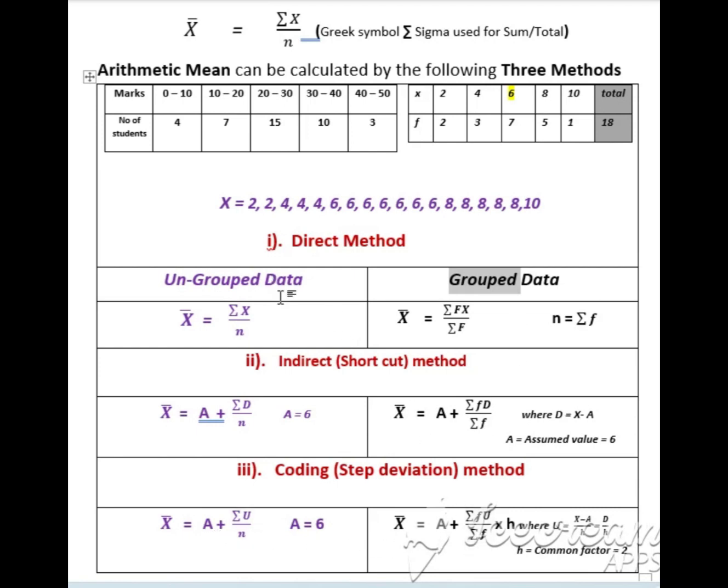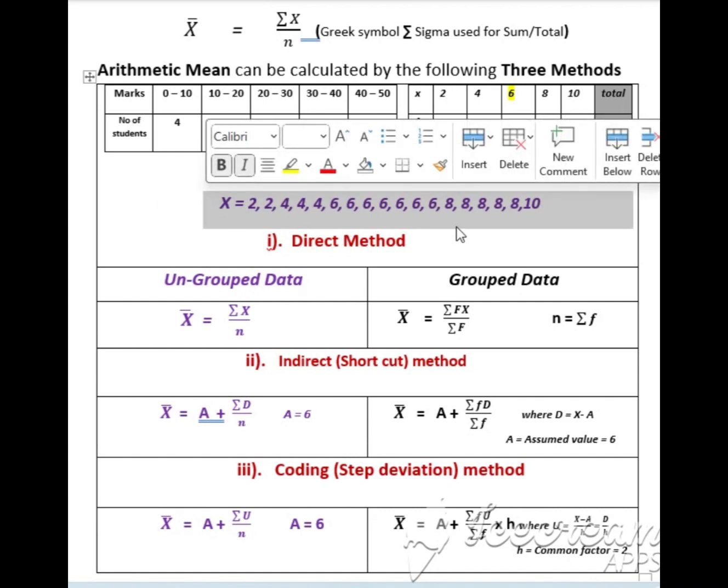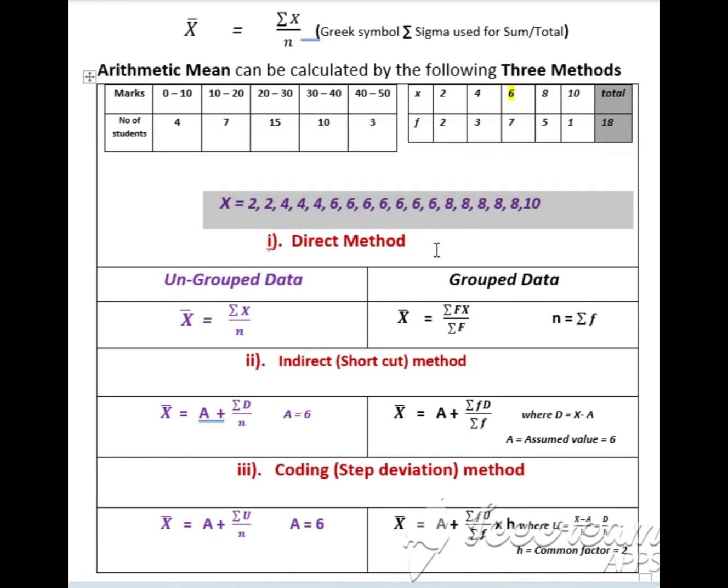First let me explain what ungrouped data and group data are. Ungrouped data is data or numbers without a table, numbers in a raw form. These purple numbers are ungrouped data because they are without a table and you can collect them individually from the field.